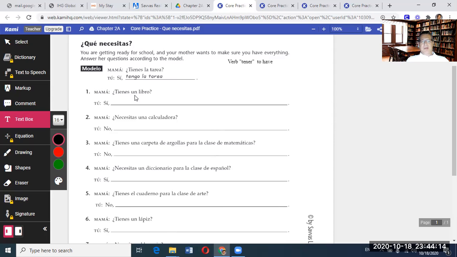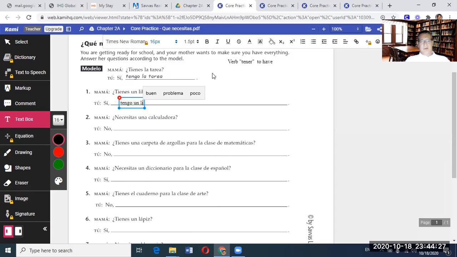¿Tienes un libro? Do you have a book? Sí, tengo. Tengo un libro.